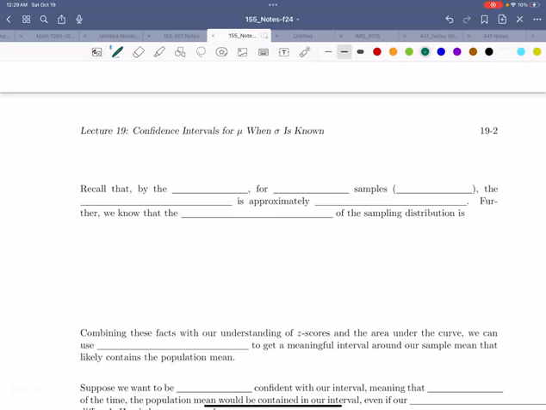Let's recall that by the central limit theorem, for large samples, which means n is greater than 30, the sampling distribution is approximately normally distributed, regardless of whether the variable's distribution is normal.